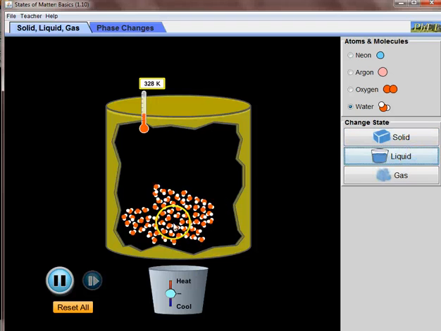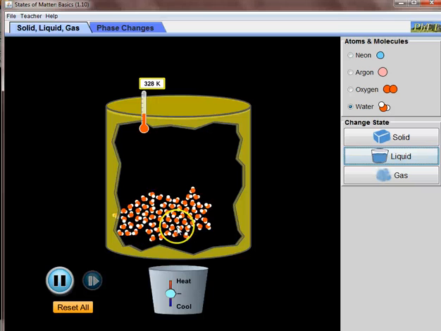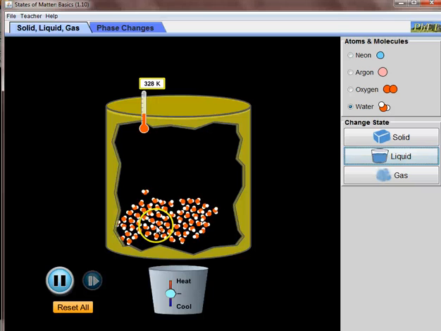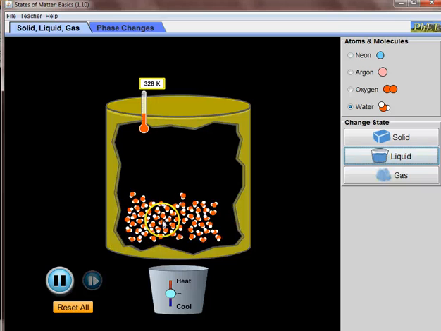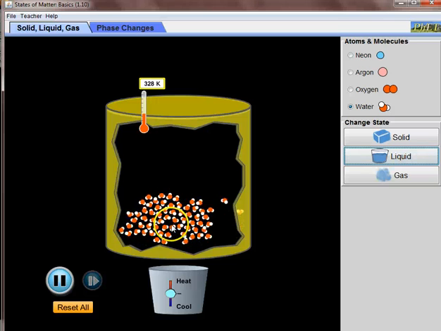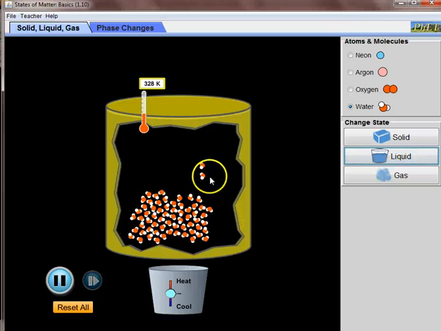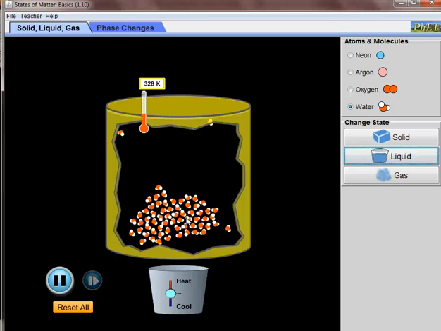Now in liquid they have vibrational as well as rotational energy, because some of the molecules are rotating. Some of the molecules are escaping, that is evaporation. What happened to the volume? Did it increase or decrease?